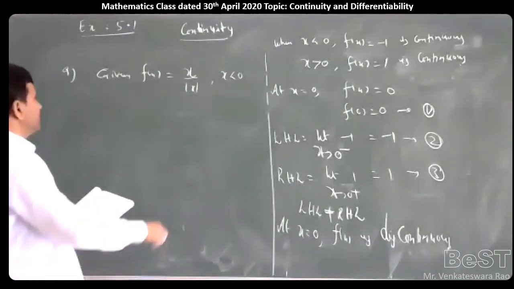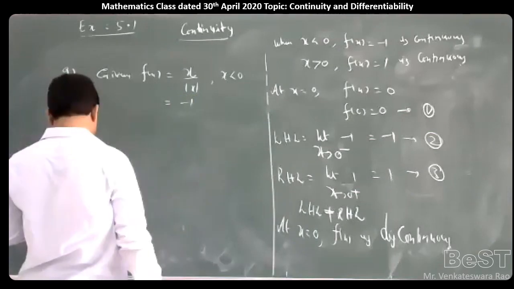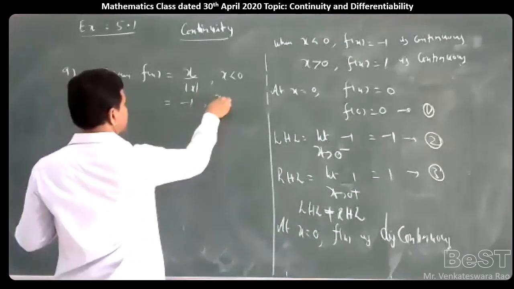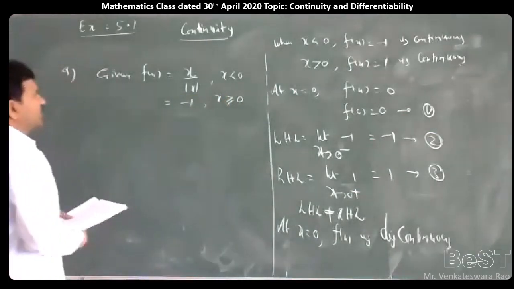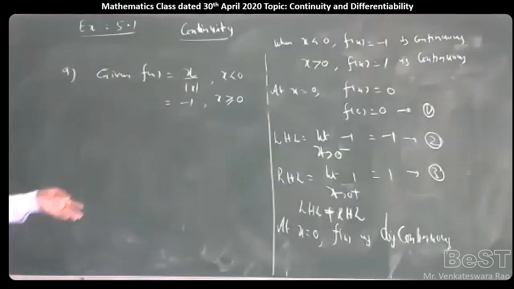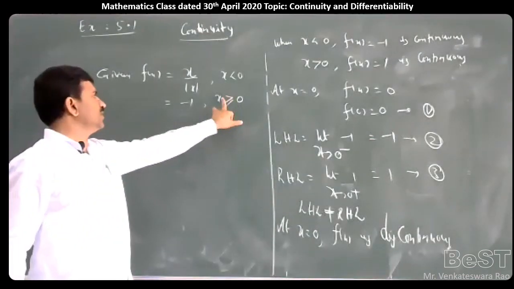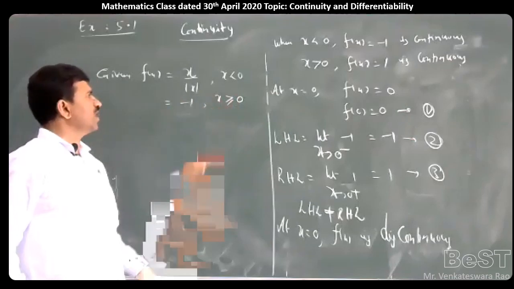And this is equal to minus 1 when the x value is greater than or equal to 0. In both conditions, greater than 0 and equal to 0, minus 1 we have to use.